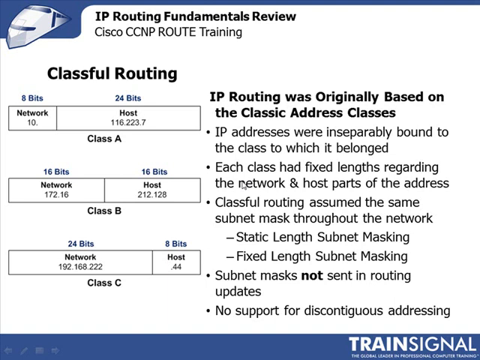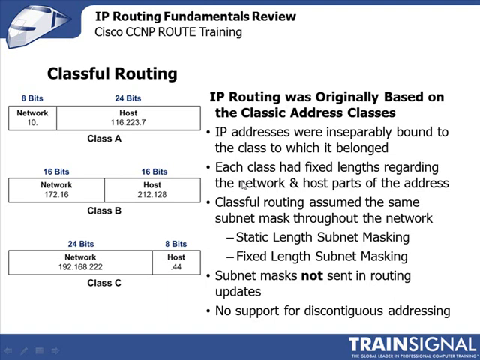If you had a 10 dot address network on one side, a 10 dot network address on the other, and in between you had a 172.16 address in the middle, you would have problems with that because essentially the network is being split up by this foreign network in the middle. And so that's sometimes referred to as discontiguous addressing, and it wasn't supported in the whole classless world.